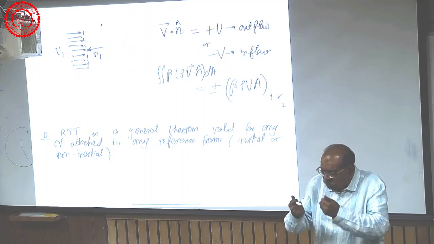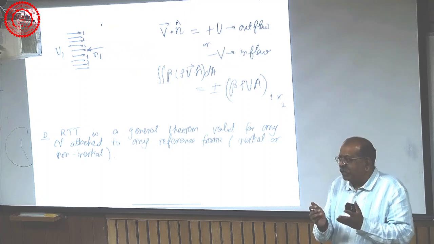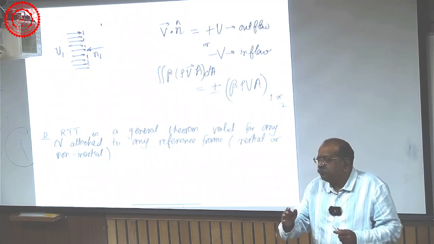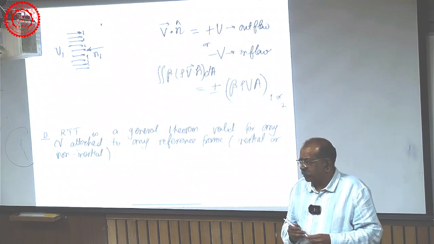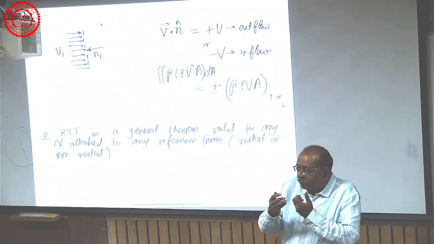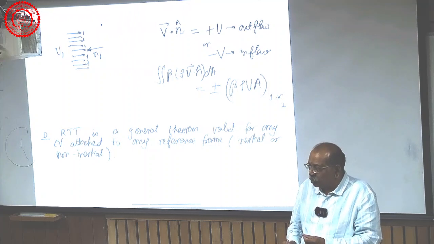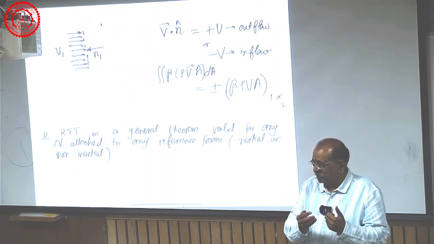But then when you use the Reynolds transport theorem, the left hand side is dB by dt. Now, suppose B is the linear momentum, then we will put it as d of linear momentum by dt is equal to the sum of external forces.